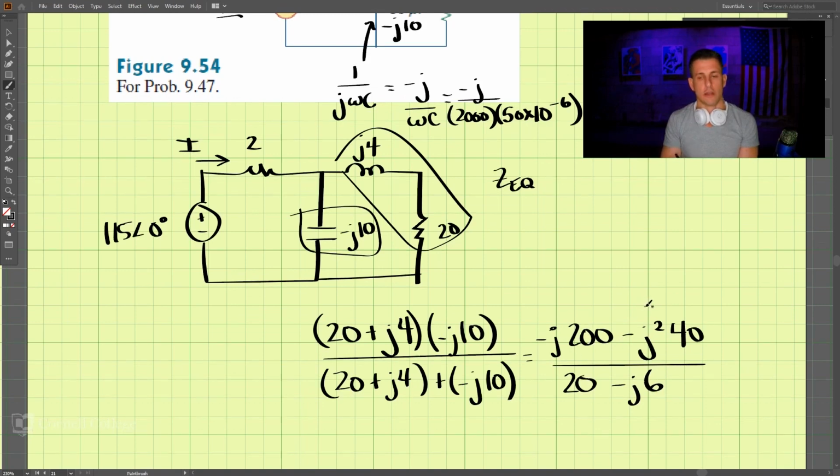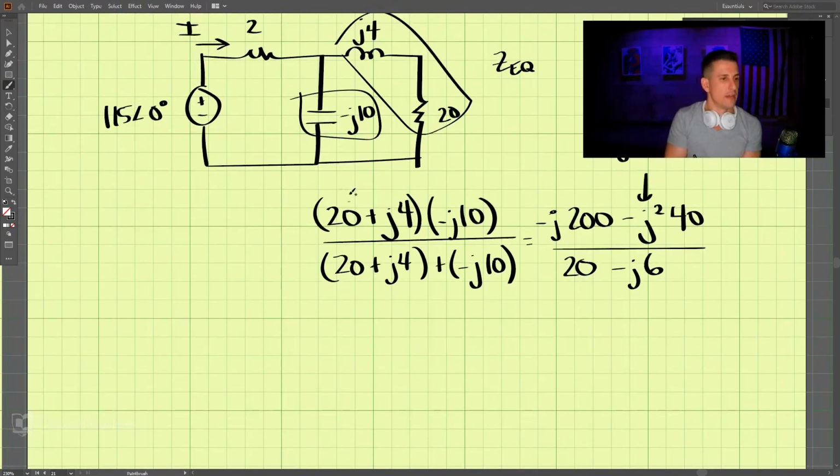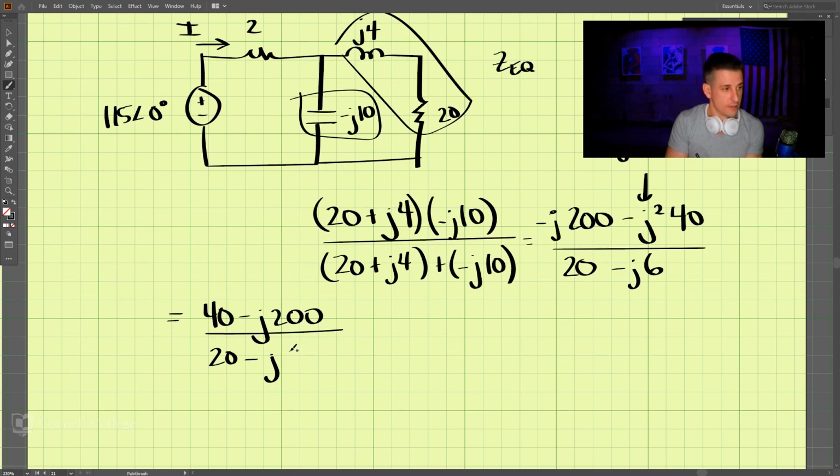So if we remember that J squared is equal to negative 1. So simplifying this further, that comes out to be 40 minus J200 divided by 20 minus J6.